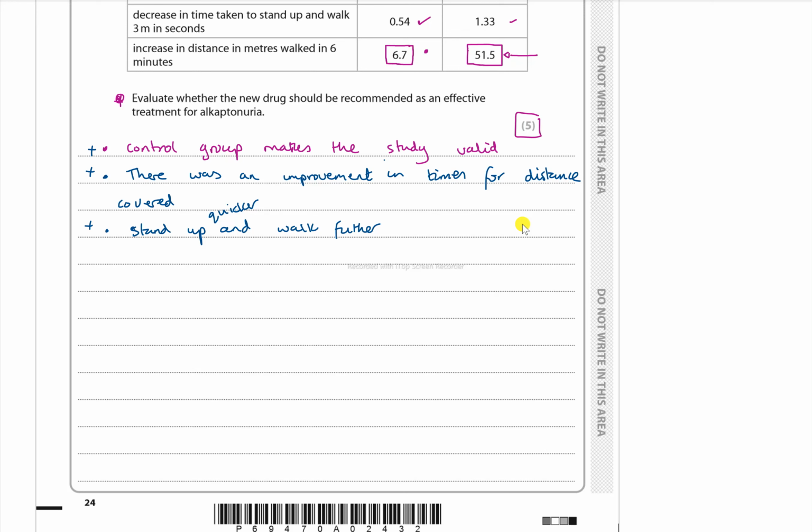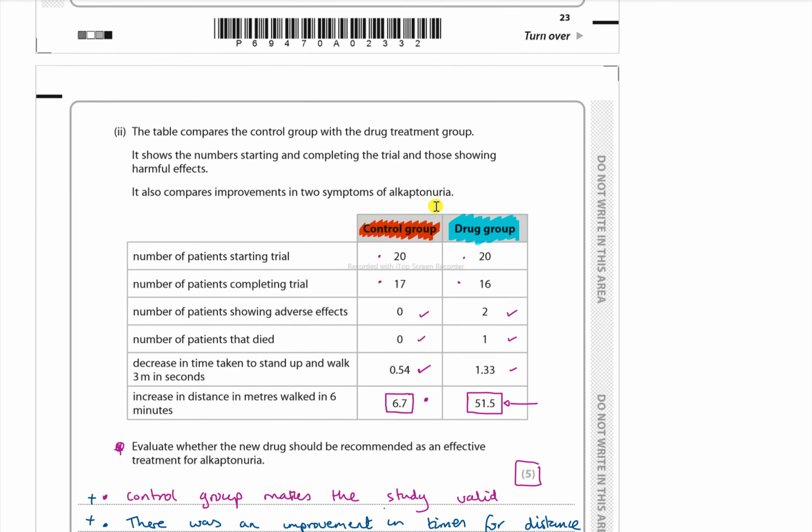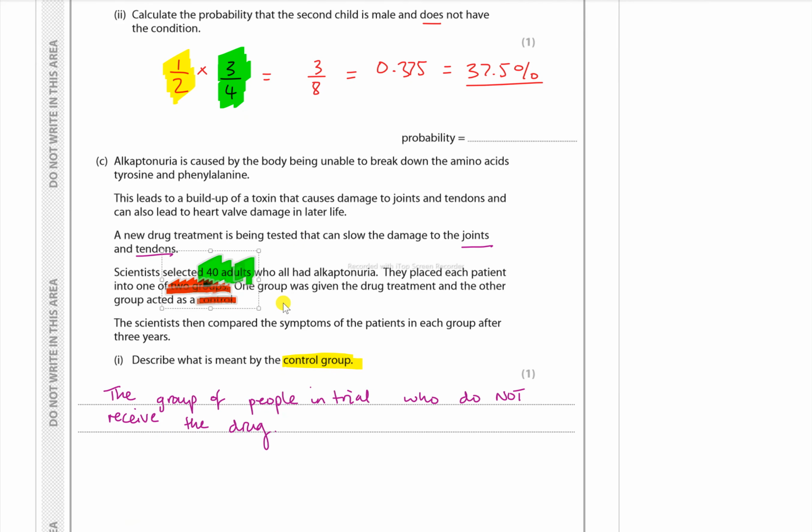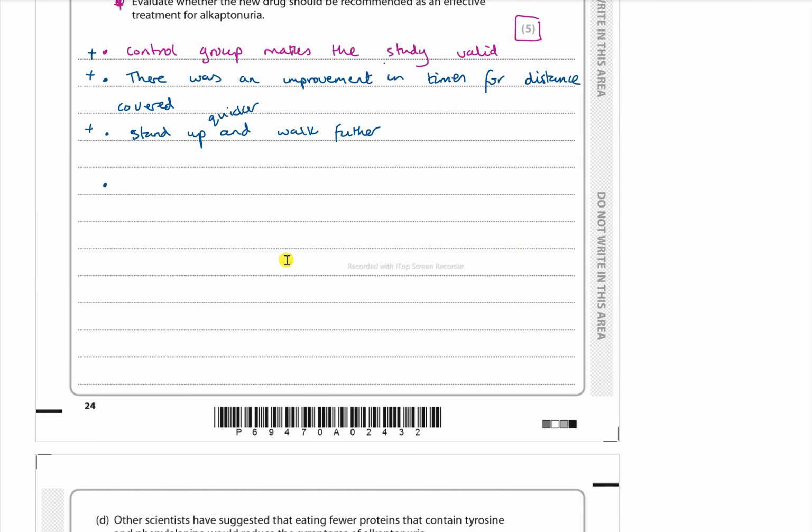Right, now it's a valid point that they've said 40 adults here, but with the drug you need more. You really need hundreds, if you can. Sometimes it's difficult to get more.